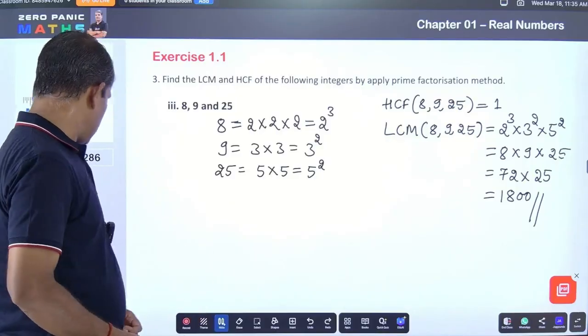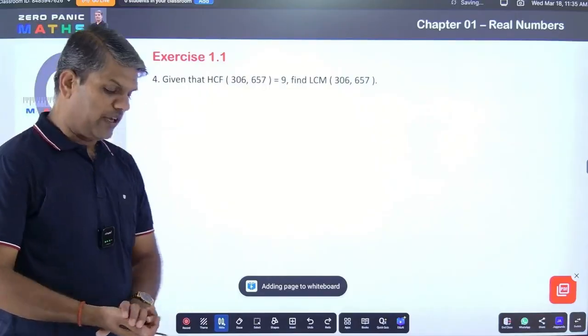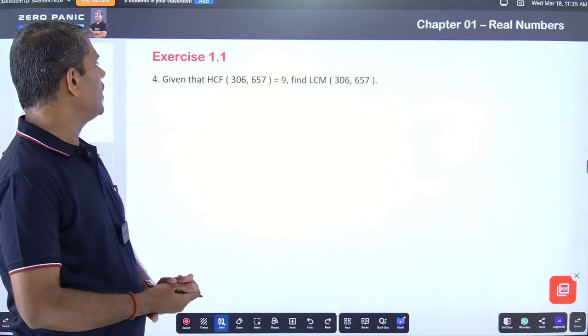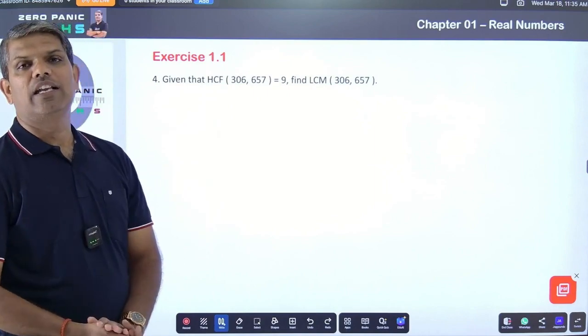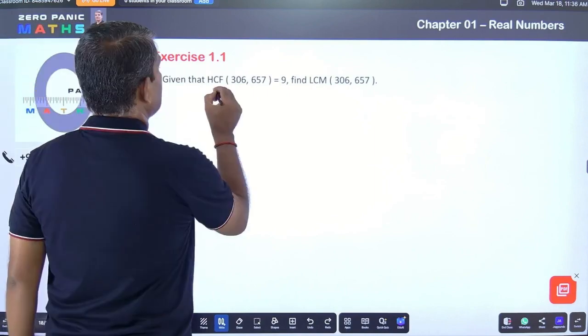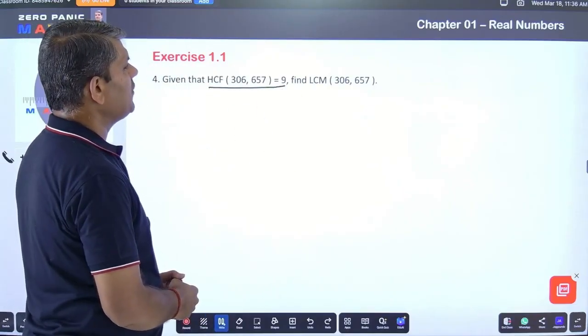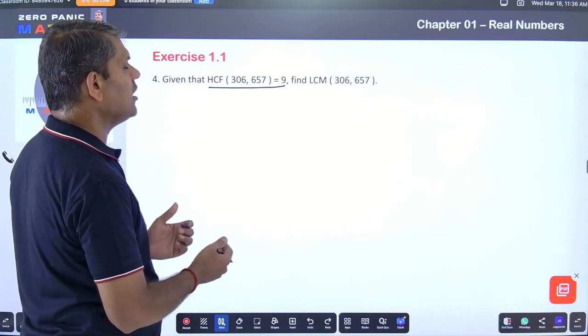Now let us move to the next problem. Okay, the fourth set of problems in exercise 1.1 is: given the HCF, we need to find the LCM. What is given here is that HCF of 306 and 657 is 9, and we need to find the LCM of the same.